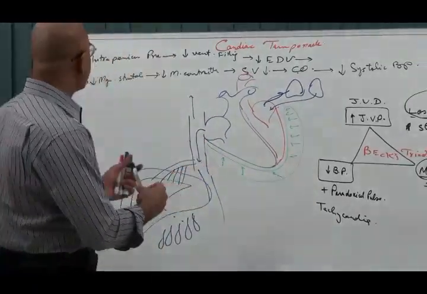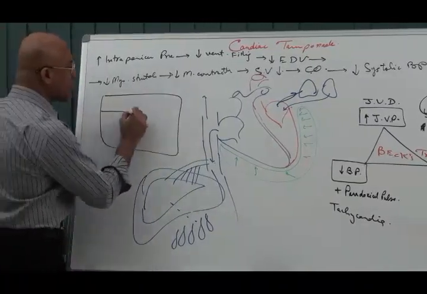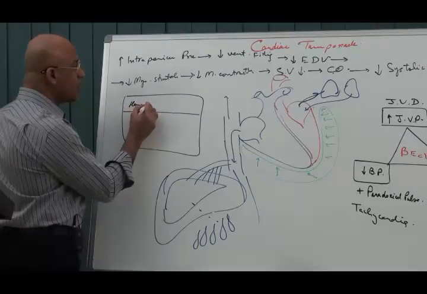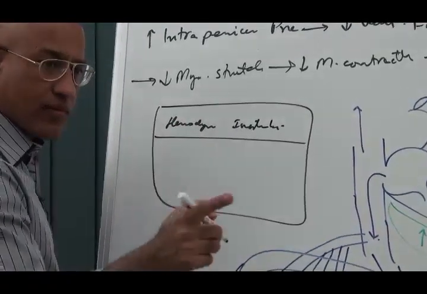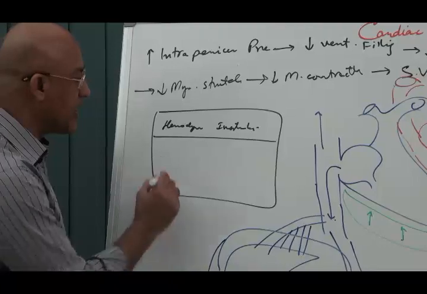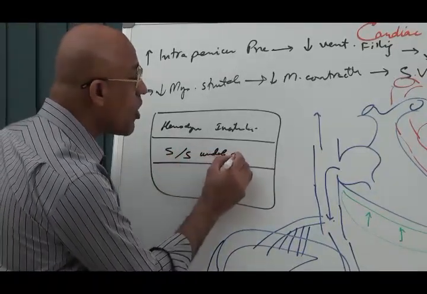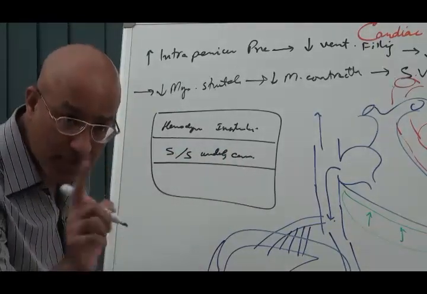So we can say the total features which may be present in these patients: number one category is features due to hemodynamic instability, which include Beck's triangle, and in chronic cases, features like failure. Secondly, signs and symptoms of the underlying cause of pericarditis.